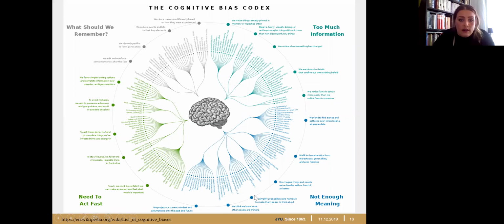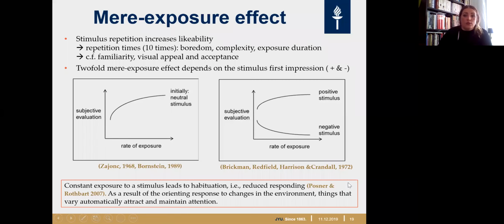And in the Wikipedia page, you can interactively look through these different kinds of biases visualized in this image. One example of mere biases is mere exposure effect, also titled as mere exposure bias, depending on which context it is discussed.